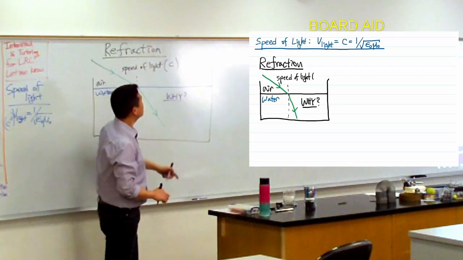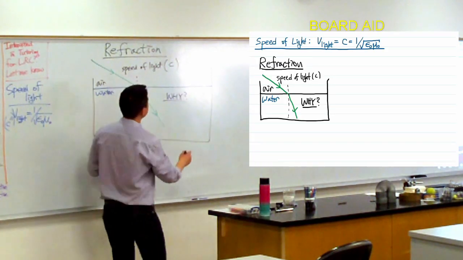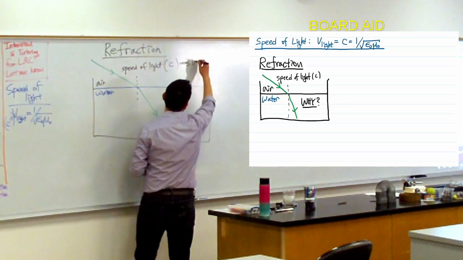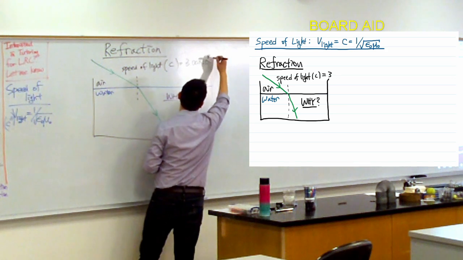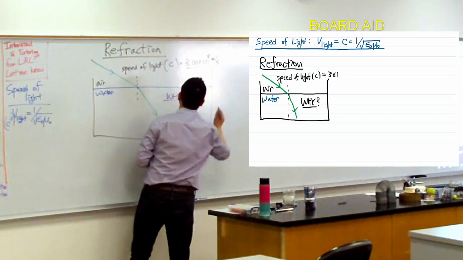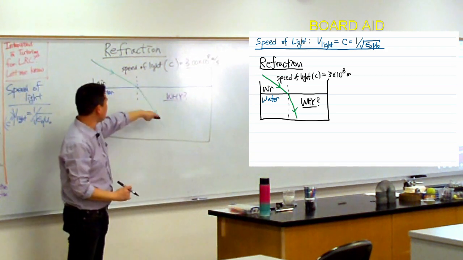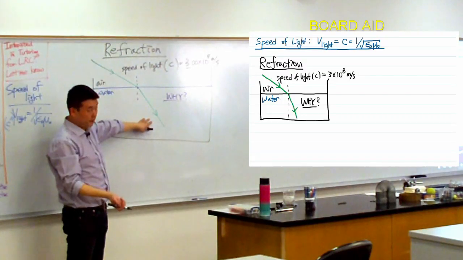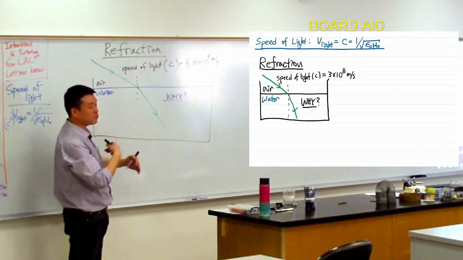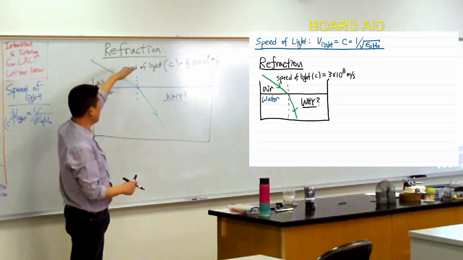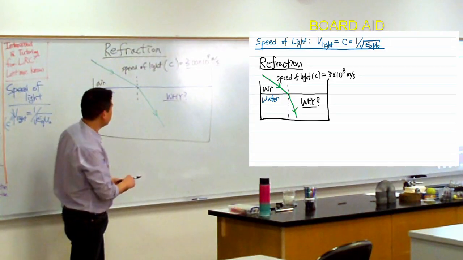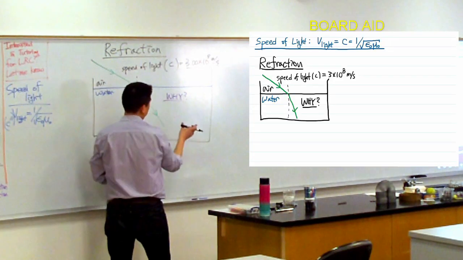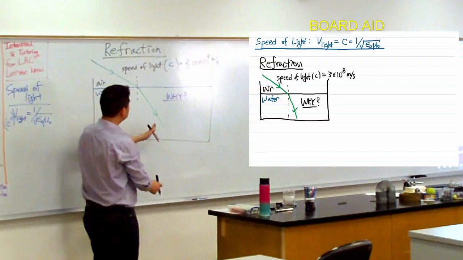So if the speed of light in air is approximately 3 times 10 to the 8 meters per second, and somehow as it entered the water the light slowed down, then they could come up with a model that would explain the bending, and we'll talk about that in a little bit. So the one answer to why was, well, the speed of light.